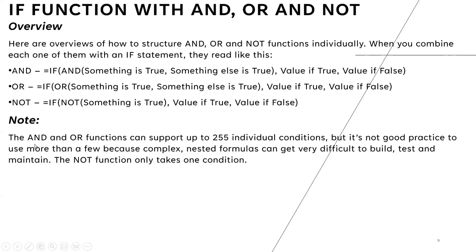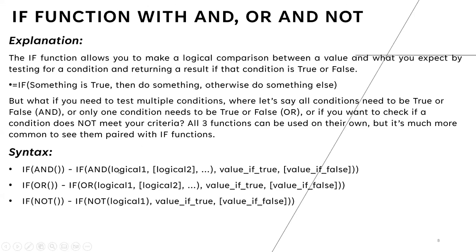But always remember that the AND and OR functions can support up to 255 individual conditions. If we go back to our previous slide, you see IF, AND, logic 1 comma logic 2 comma dot dot dot.